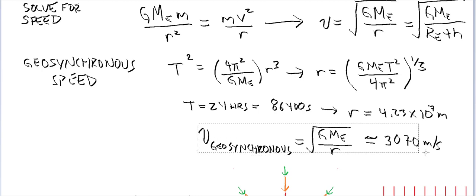If you do that, you see that the speed of the geosynchronous satellite needs to be about 3,070 meters per second. Hopefully that's okay.